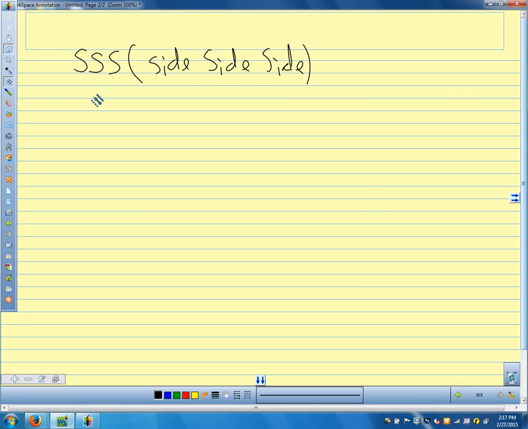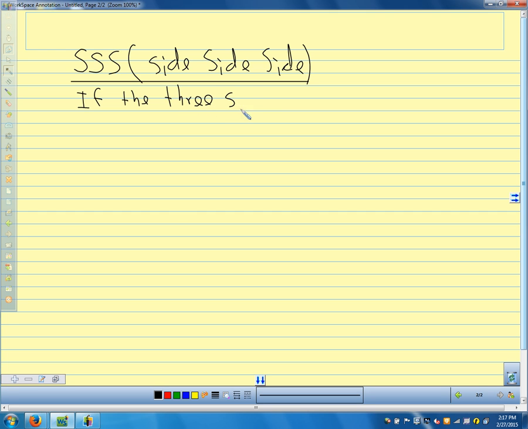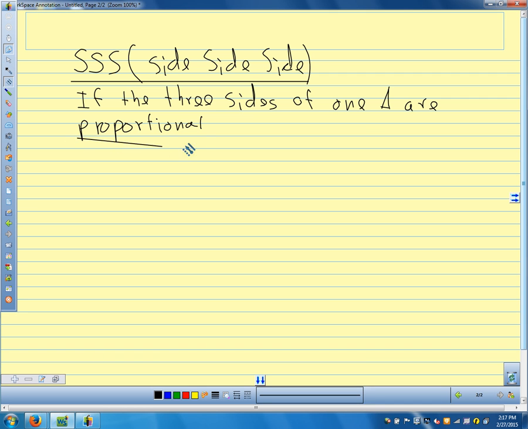So what we're going to say for side, side, side similarity is we need three sides of one triangle to be proportional to three sides of another. And proportional, what's another way we can think of proportional?